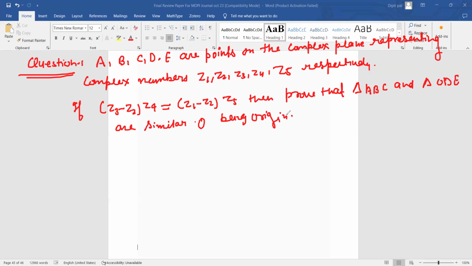So it is given that there are two triangles like this.